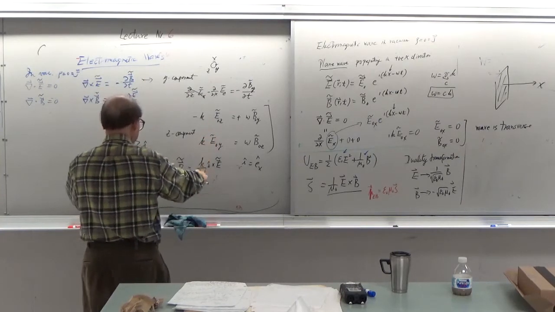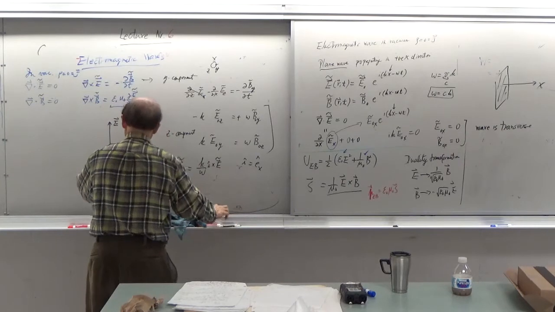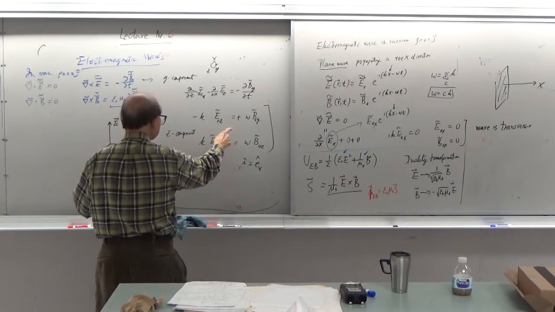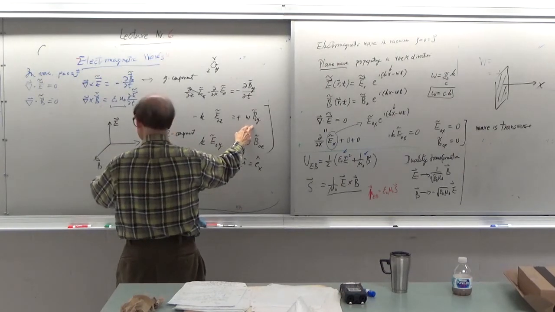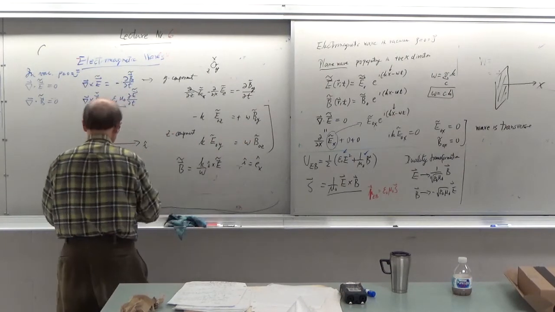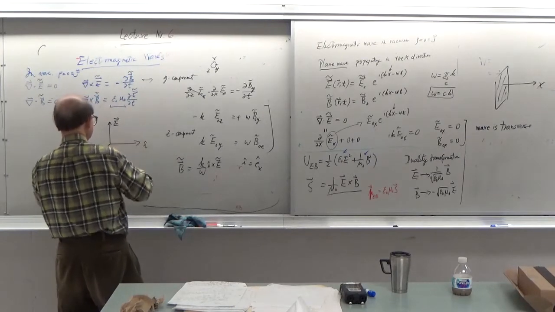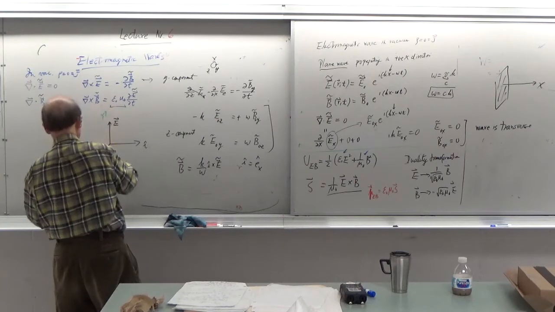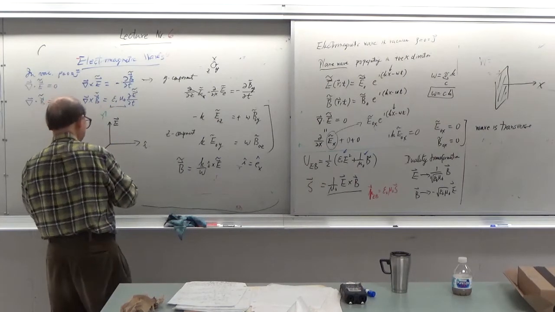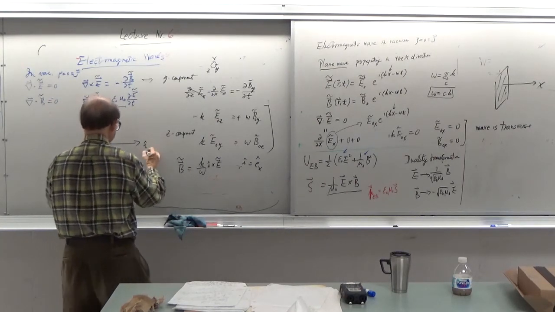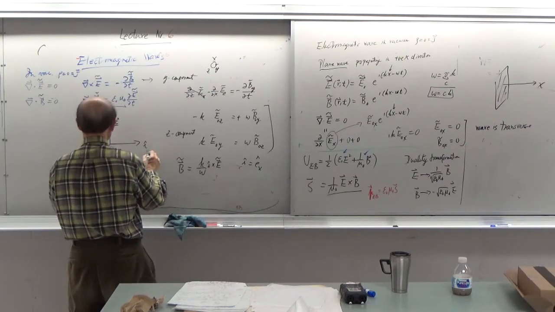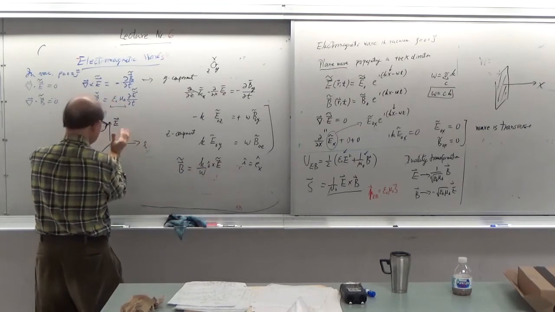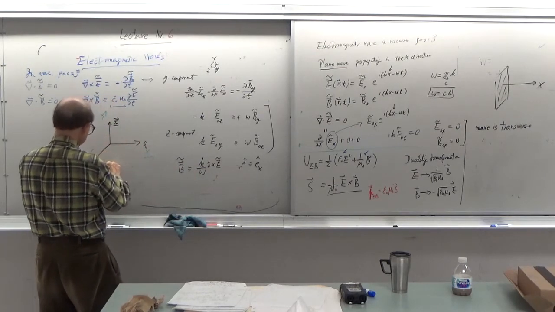So let me see if that's correct. Let me take these to be x, y, z. Take this to be the y direction, this to be the z direction, and this to be the i direction, the x direction. Then i cross E would be along y.